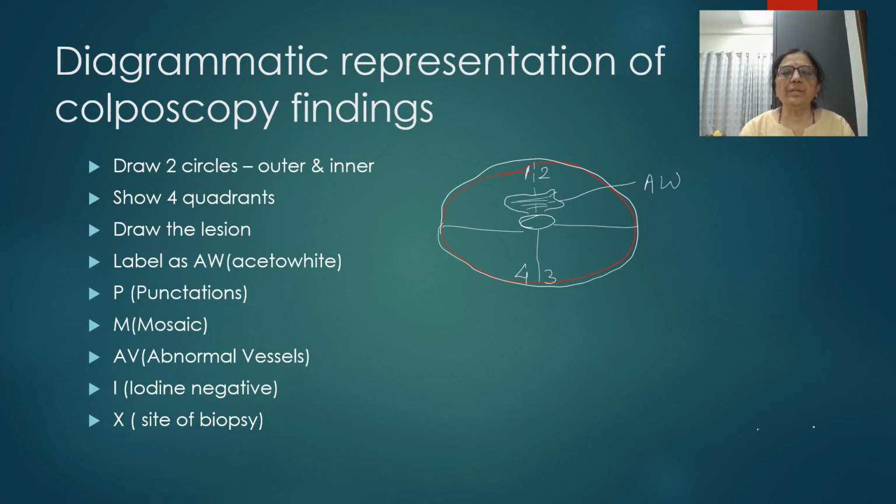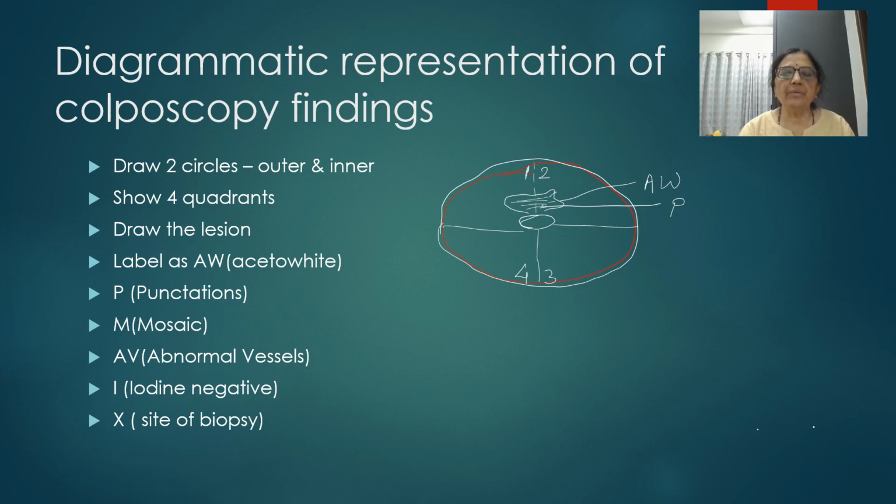Once the effect of the acetic acid goes off, I will focus here and see how the vascular architecture is here. If I have observed that there are coarse punctations, then I will label it as P, that is punctations, this area. Suppose I see the punctations here.